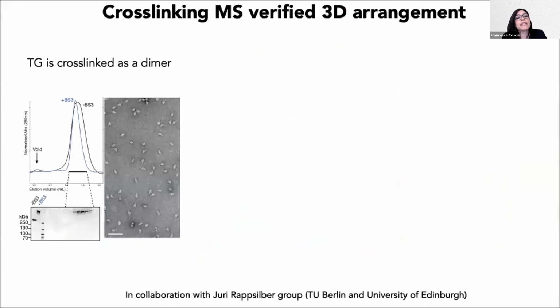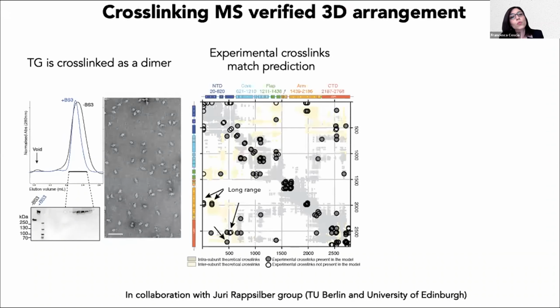Because this is a very intricate structure, we wanted to verify it with a parallel technique. And so we used cross-linking mass spectrometry in collaboration with the group of Juri Rappsilber to verify the structure. So first we cross-linked TG with BS3, and this resulted in a beautiful, stable dimer, so there were no aggregates. And then from the structure, we predicted the theoretical cross-links, and then we overlapped the experimental cross-links.